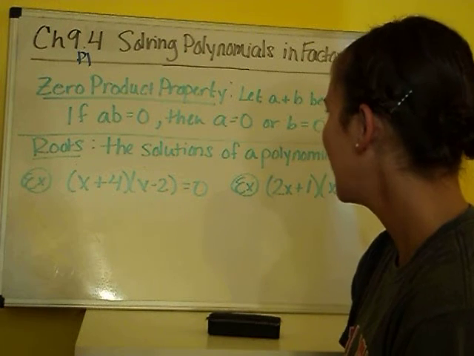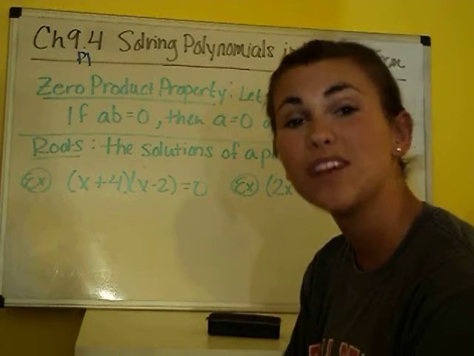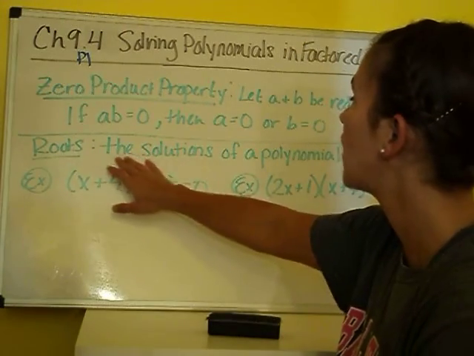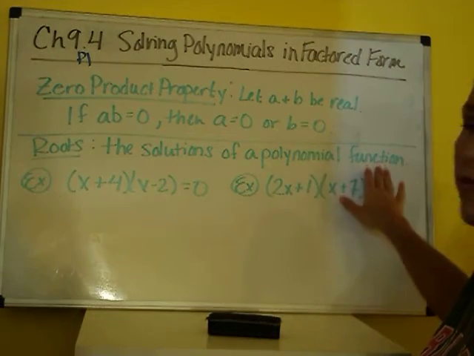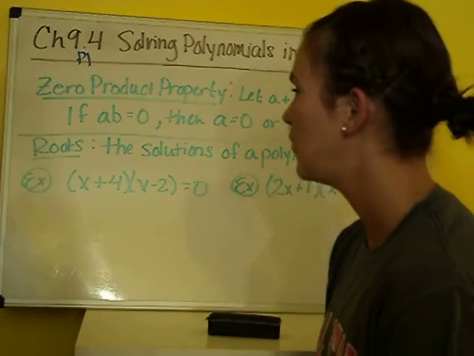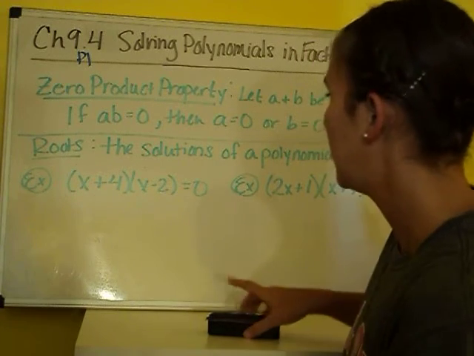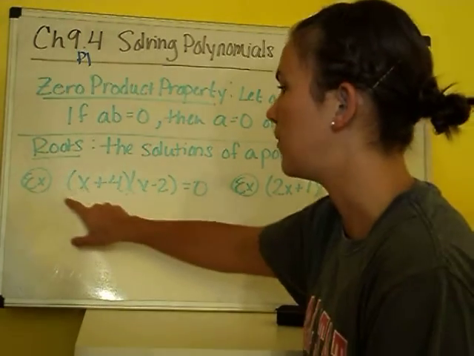Along with that property, we have something called roots, which is what we're going to be solving for today. The roots are the solutions of a polynomial function. So, in our first example, we have x plus 4 times x minus 2 equals 0. This is called factored form.